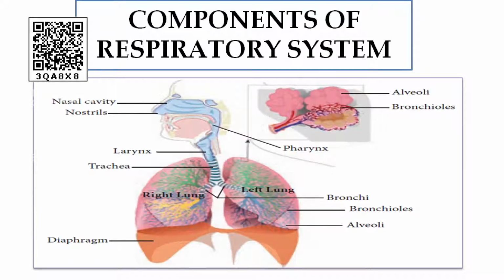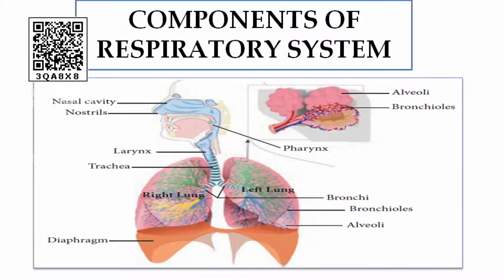The conducting one and the respiratory one. Okay, first we will see the structural part of the respiratory system. The upper respiratory system contains the nasal cavity, nostrils and pharynx, and the lower respiratory system contains the larynx, trachea and the bronchi.